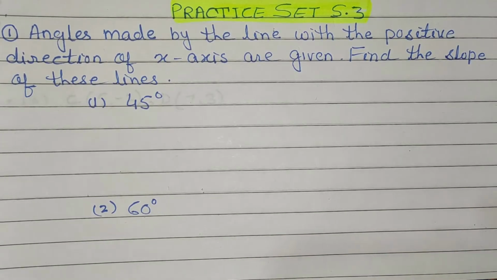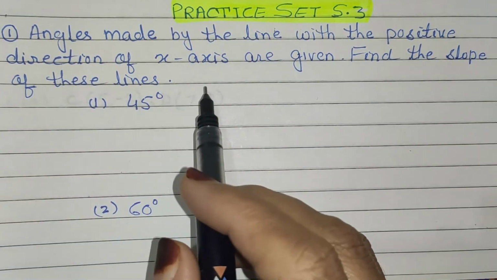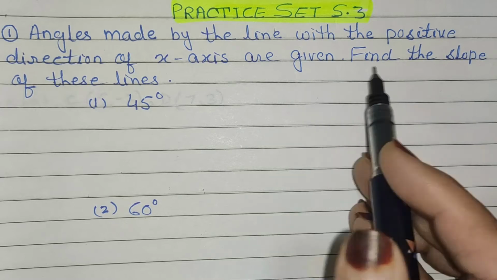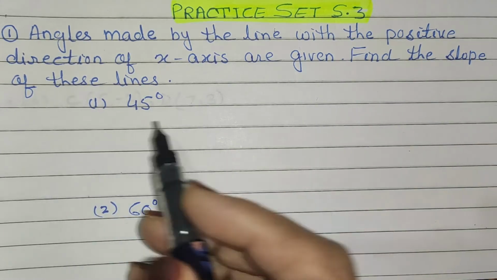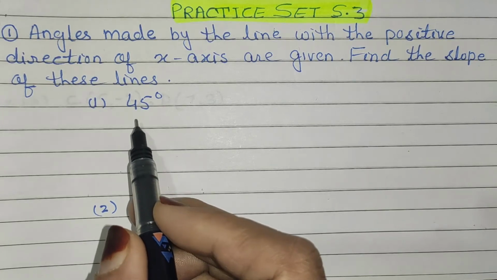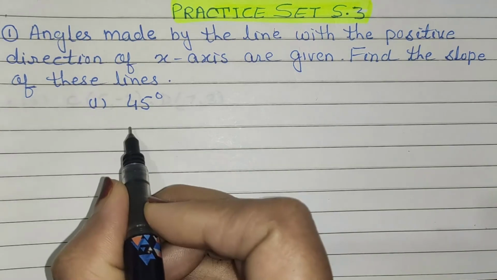Let us see how to solve practice set 5.3. First question. Angles made by the line with the positive direction of x-axis are given, means the value of theta is given here. Find the slope of this line. Now the first question is 45. Angle made by the line with the positive direction of x-axis is theta.